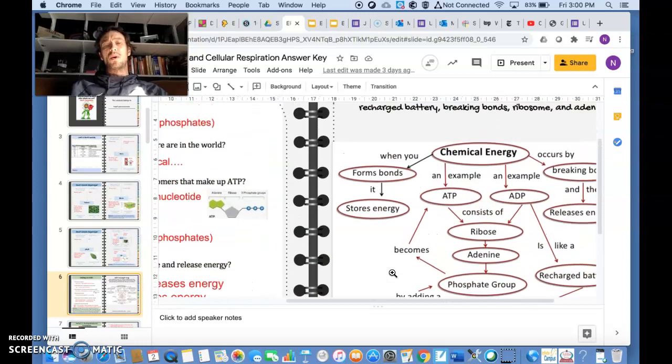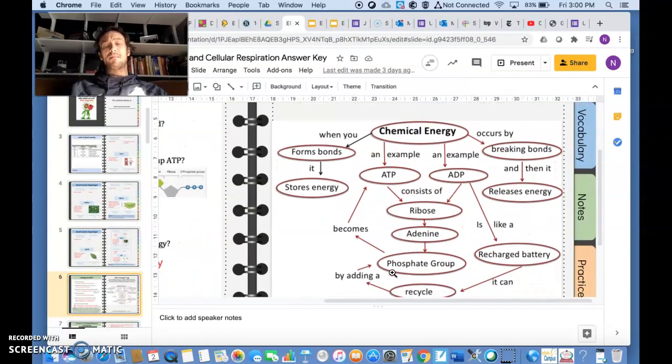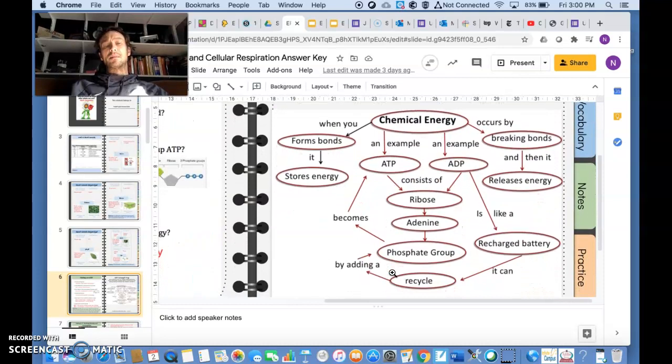So, this would be one way you could have made your concept map if you took the time to do this. Everything we're talking about here is chemical energy, right? When you form bonds, you store energy. When you break bonds, you release energy. And then the ones most closely associated with that, as examples, ADP over here and ATP over there.